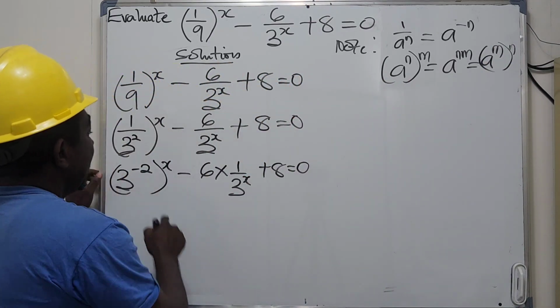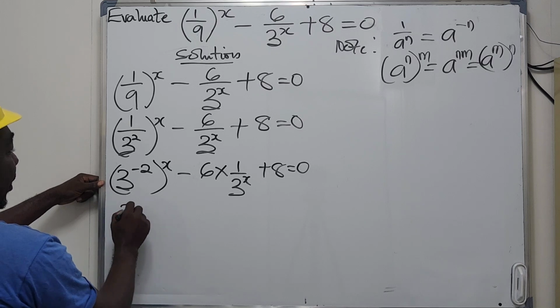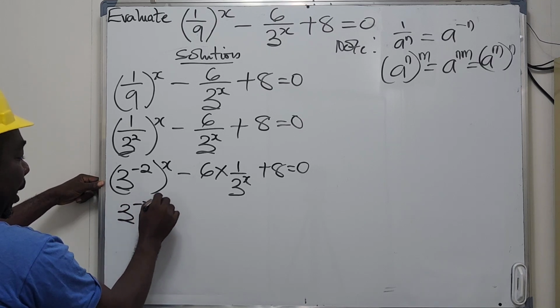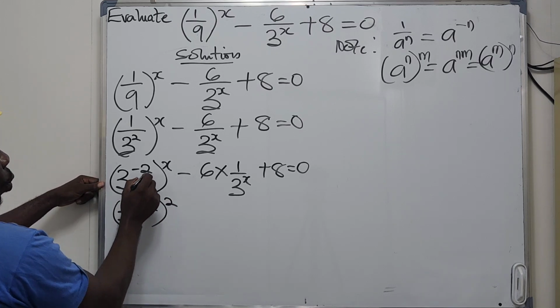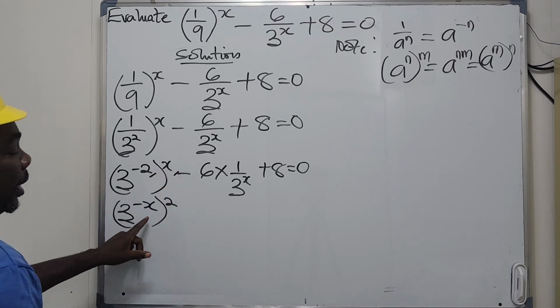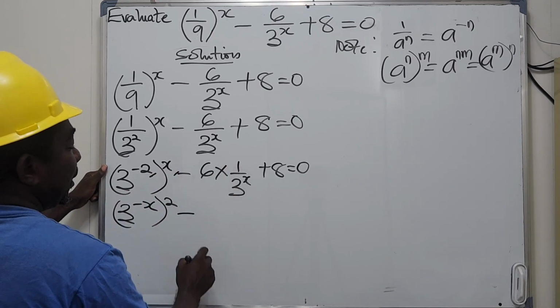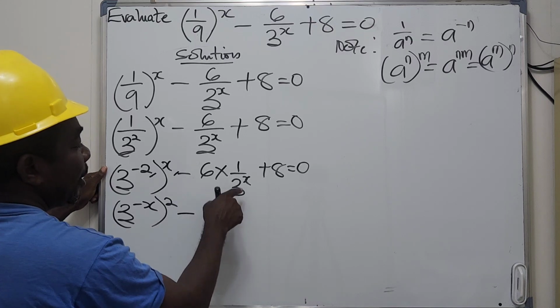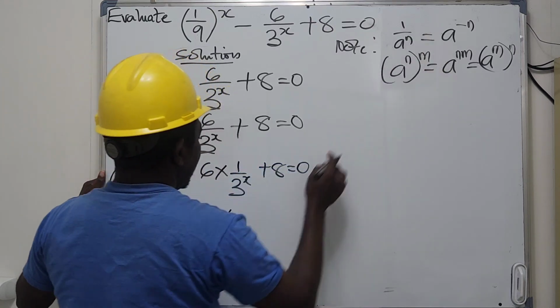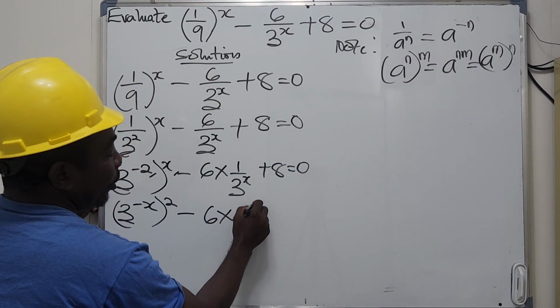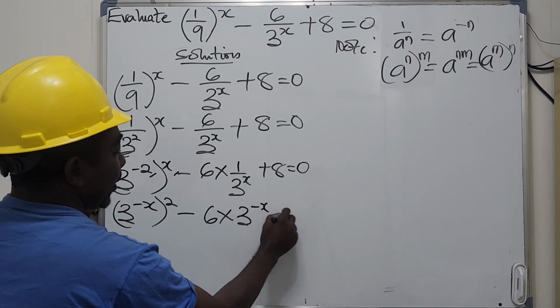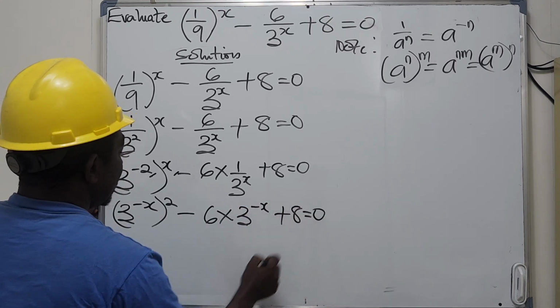So this can be written as 3 to the power of minus x all to the power of 2. We can interchange 2 and x. They are all the same. So here will be minus 6 times, expressing this in this format, 3 to the power of minus x plus 8 equals 0.